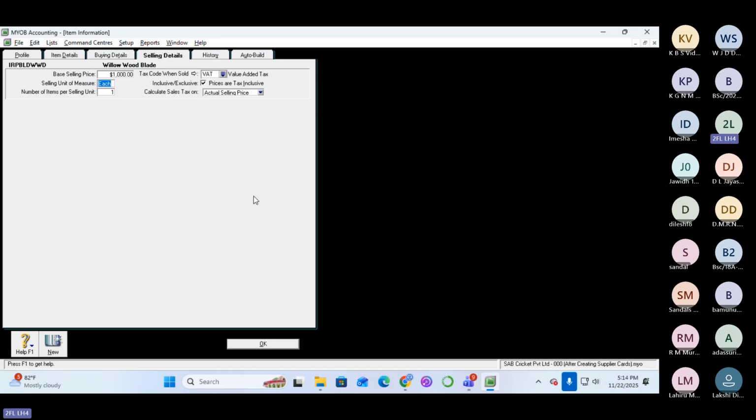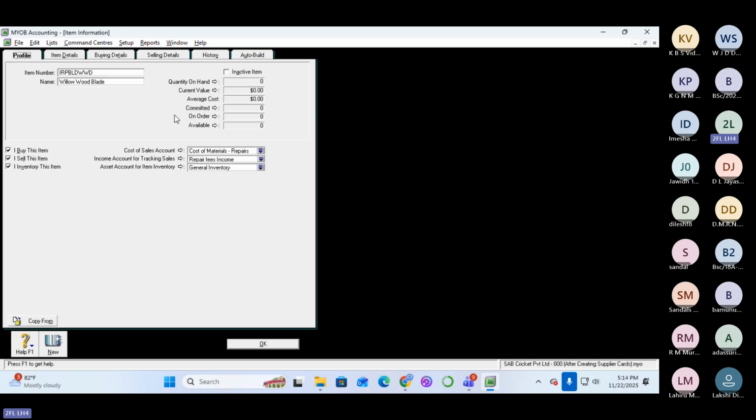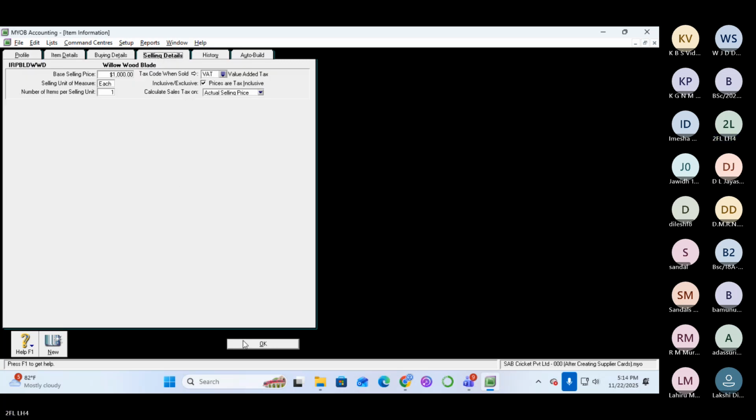Selling unit of measure is one and each. Then selling price is 1,000 rupees for the first blade type. Right, below wood blade, selling price is 1,000. Okay.